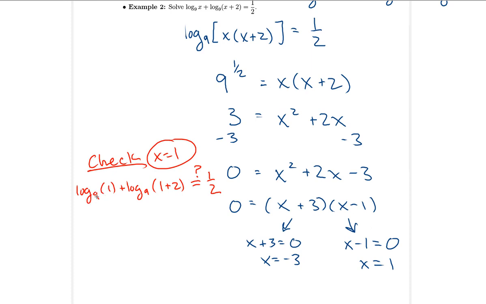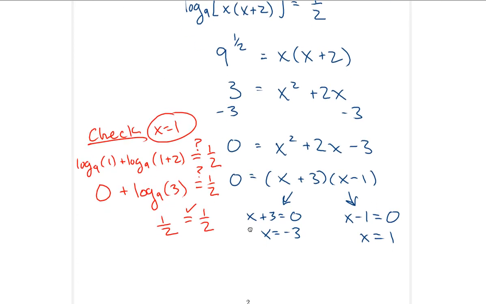Well, you raise 9 to the 0 power, so this is 0. And then I have log base 9 of 3. Does that equal 1/2? Right, but for the log base 9 of 3, I raise 9 to the 1/2 to make 3. So x = 1 checks out, no problem.